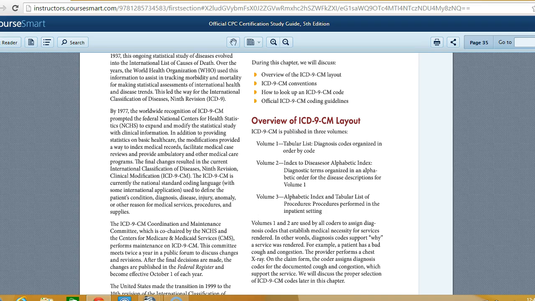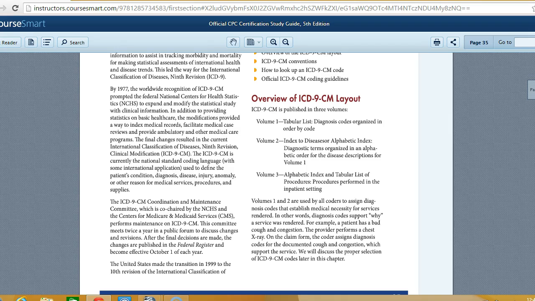The alphabetic terms are organized in alphabetical order, with the disease description for volume 1. And then, of course, y'all know volume 3 is for hospital procedure codes, which we do nothing with because we are outpatient coders. Now, you know October 1st of every year, we have to use our new ICD-9 codes and ICD-10 codes pending this year that we're going to go through, and we should.